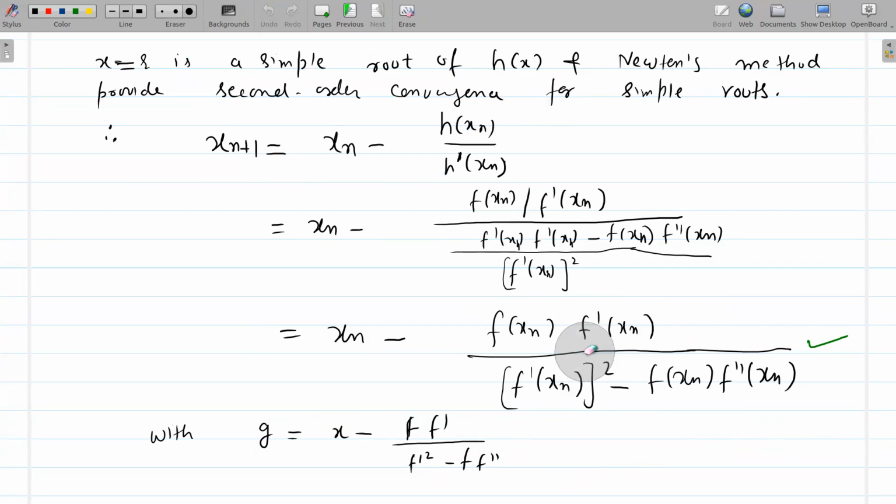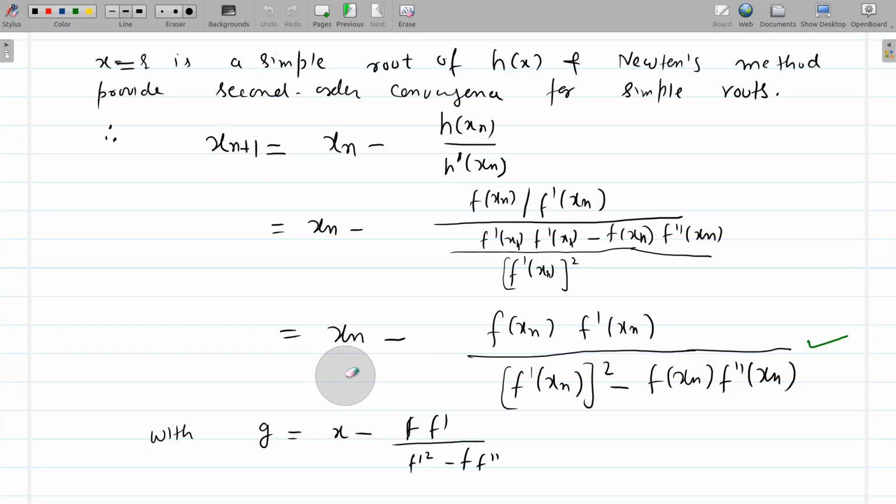So if you don't know the multiplicity, but you know there is a multiple root, then you can apply the second formula. Both formulas provide second order convergence.